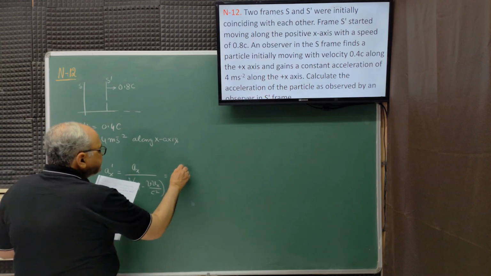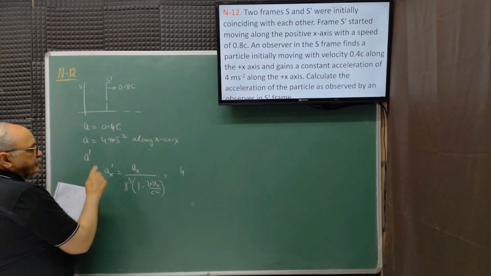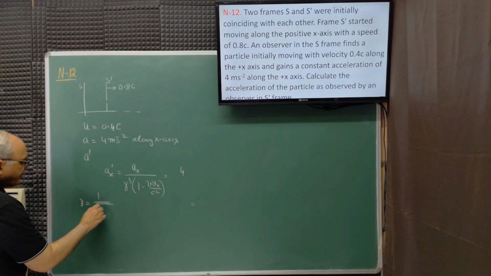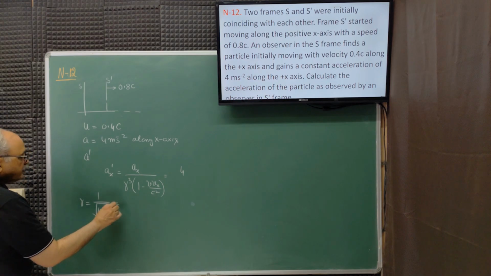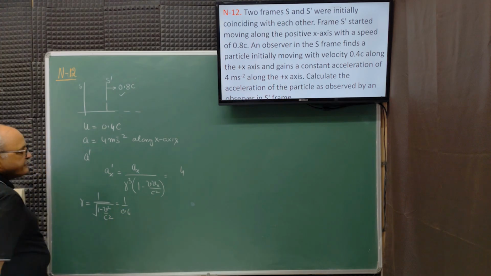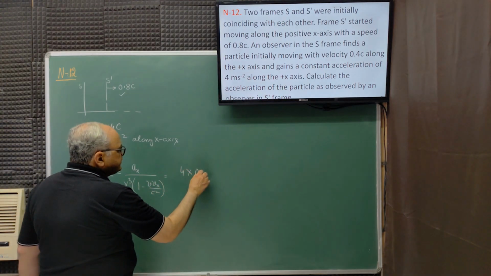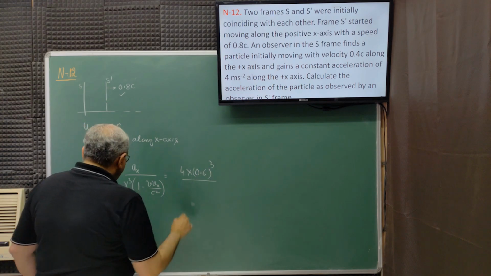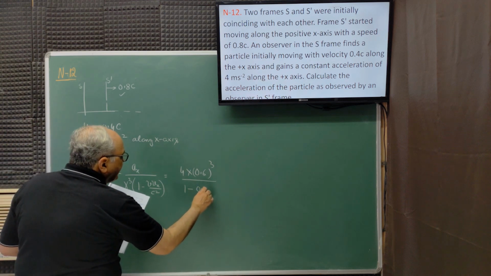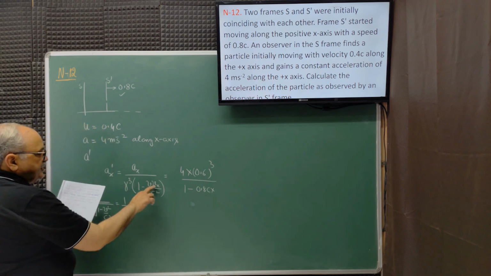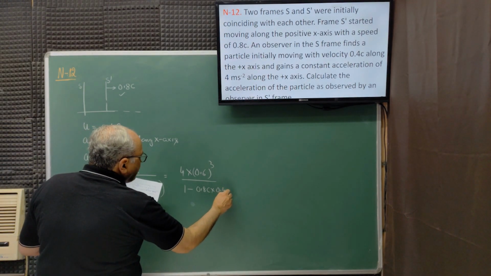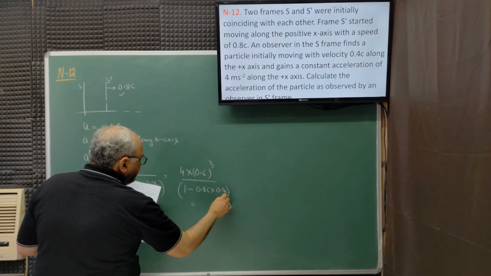So a is given as 4 meters per second squared. Let's calculate gamma: 1 divided by the square root of 1 minus v squared by c squared. Putting v as 0.8c, this comes out to be 1 divided by 0.6. So the cube of that is taken in the numerator, this becomes 0.6 cubed divided by 1 minus the velocity 0.8c multiplied by the initial velocity along the x-axis, vx equals 0.4c, over c squared.